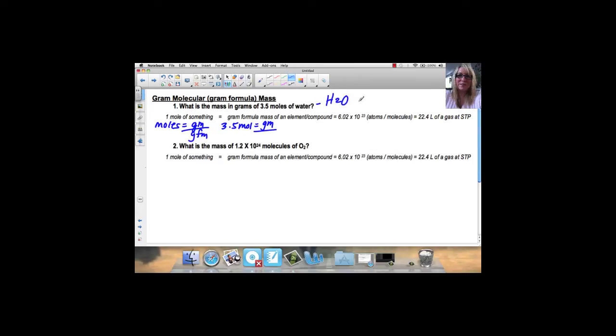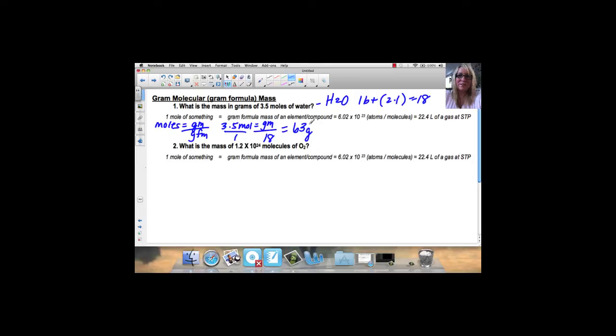So oxygen is 16 plus, you've got 2 hydrogens times 1, for a total of 18. So water's always 18. So you can solve it this way. Put a 1 here and then cross multiply and divide. So you've got 3.5 times 18, which is going to give you 63 grams.